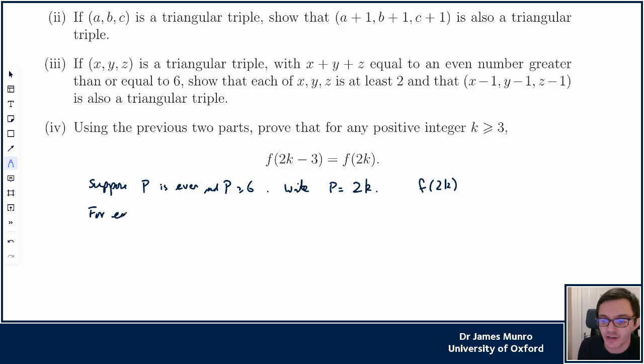For each of those triangular triples, we can subtract 1 from each side.